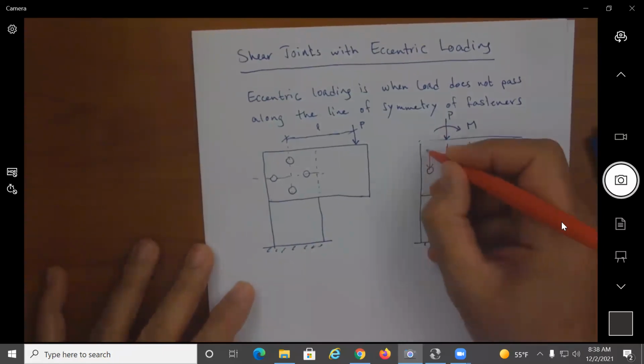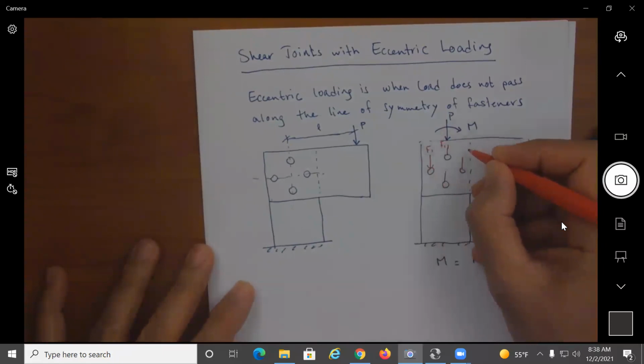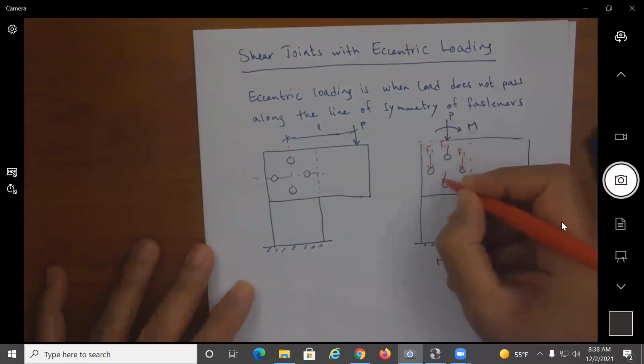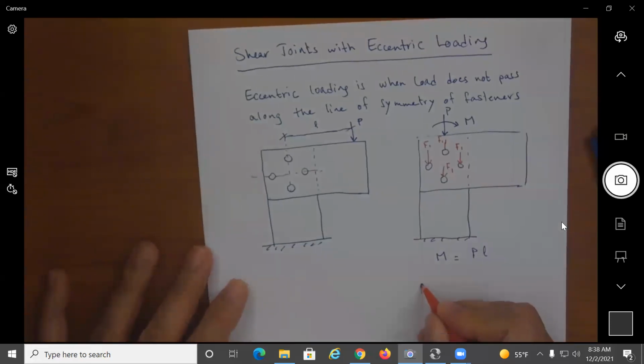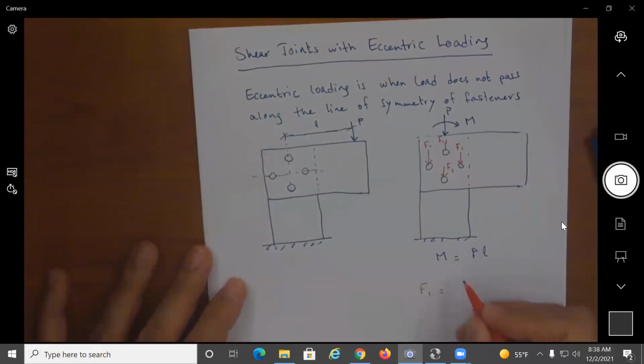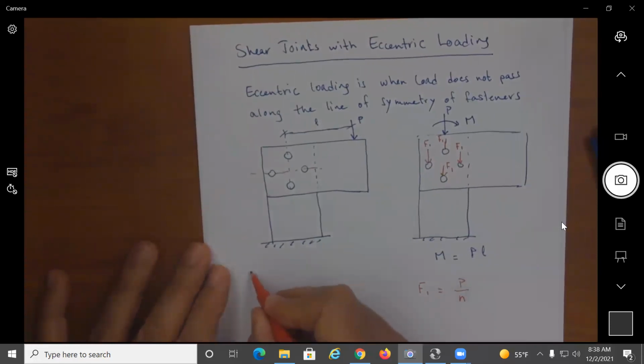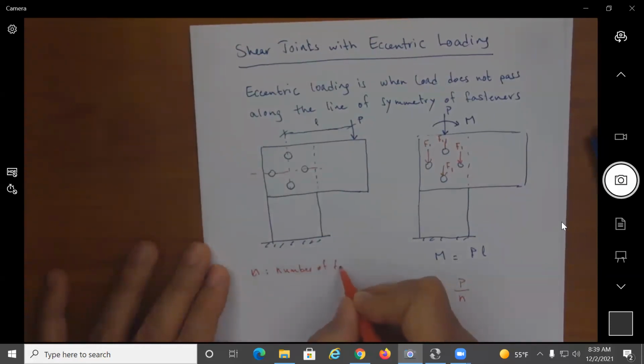And I can refer to that as F1, and I can say that this F1 is equal to P divided by N, where N here is the number of fasteners.